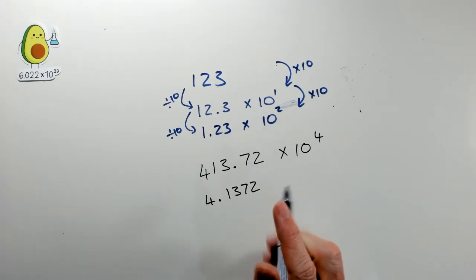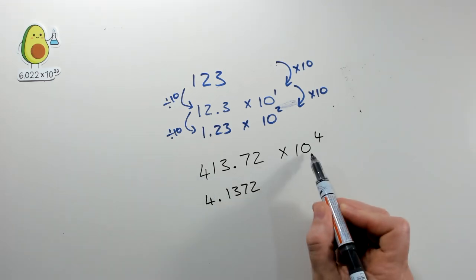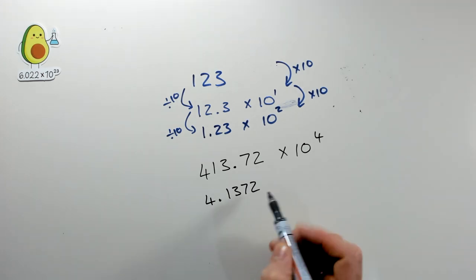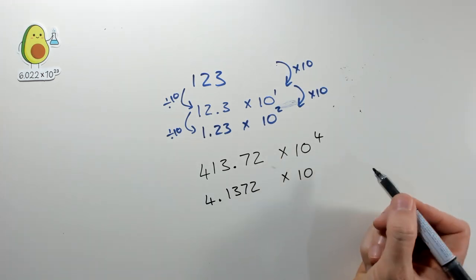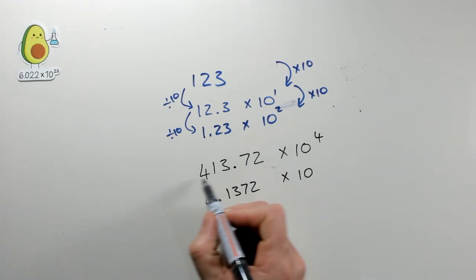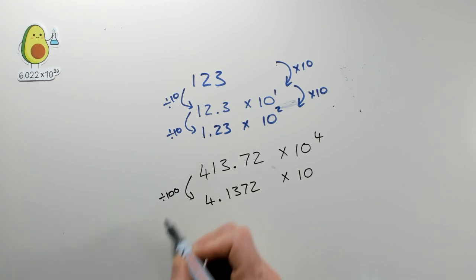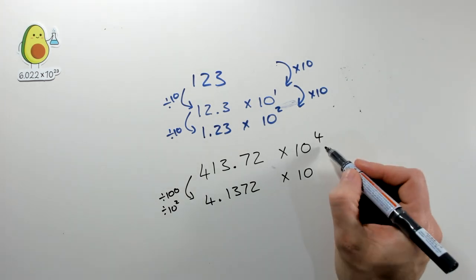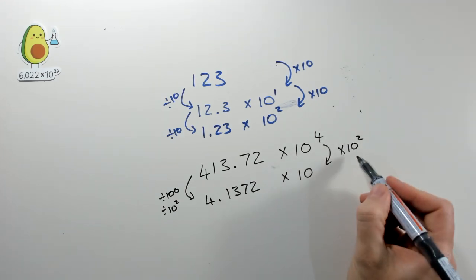But the point is, if I wanted to write this number in standard form, it had to start with 4 point something, and it had to be multiplied by 10 to the power of something new. So what did I do here? With 413, I actually divided by 100, or I divided by 10 to the power of 2. So what I have to do here is multiply with 10 to the power of 2.